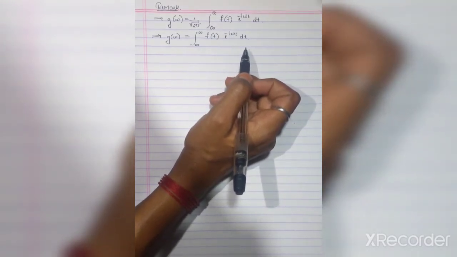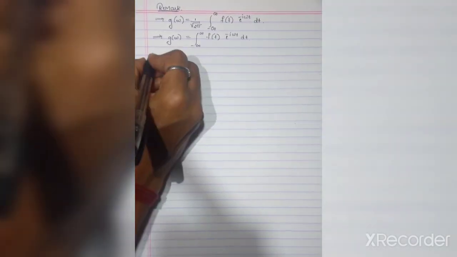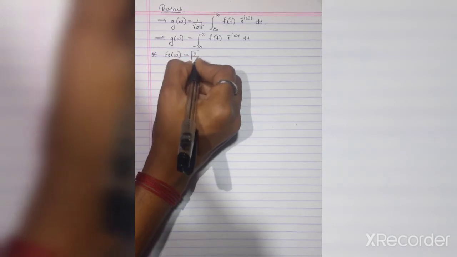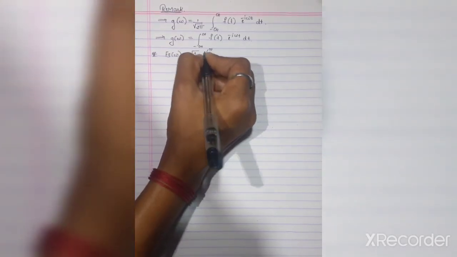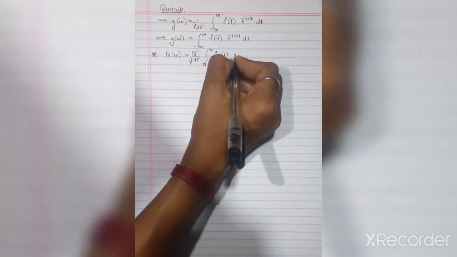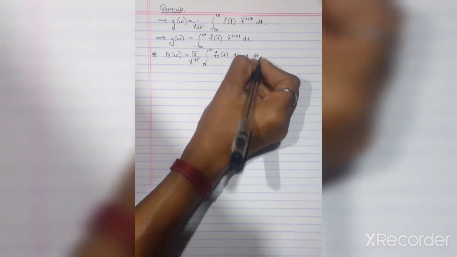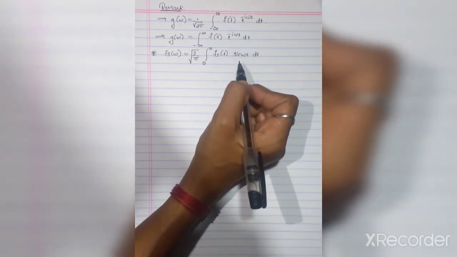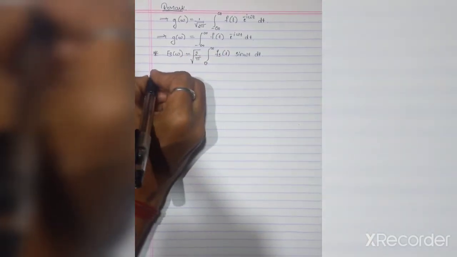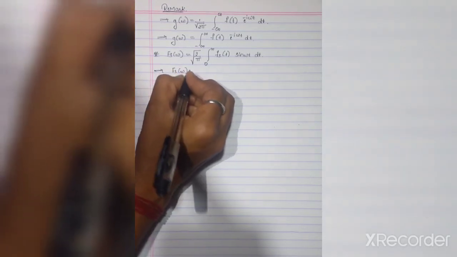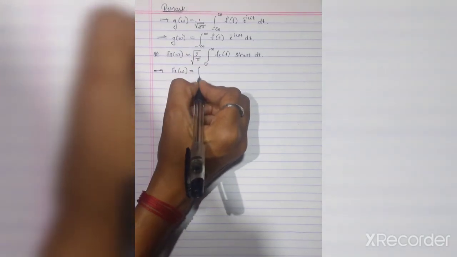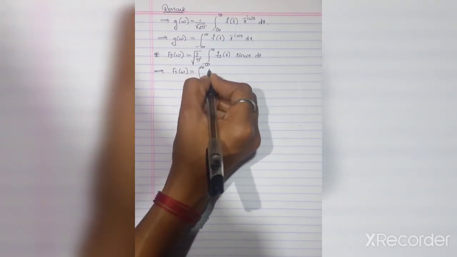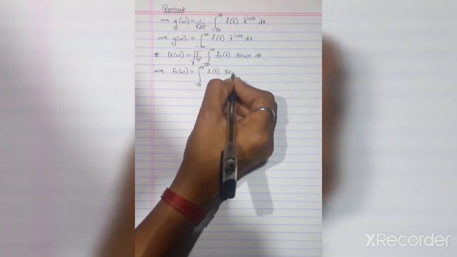The infinite Fourier sine transform, Fs of omega, I wrote as root 2 by pi integration from 0 to infinity f of t sine omega t dt. Using the other definition, the infinite Fourier sine transform can also be denoted as Fs of omega excluding this root 2 by pi, which they treat as a constant, equals integration of f of t sine omega t dt.